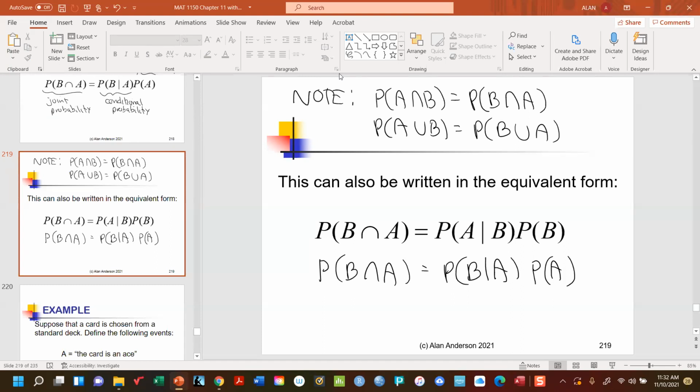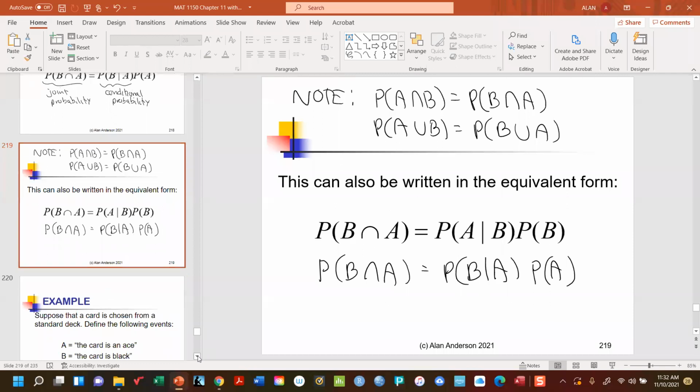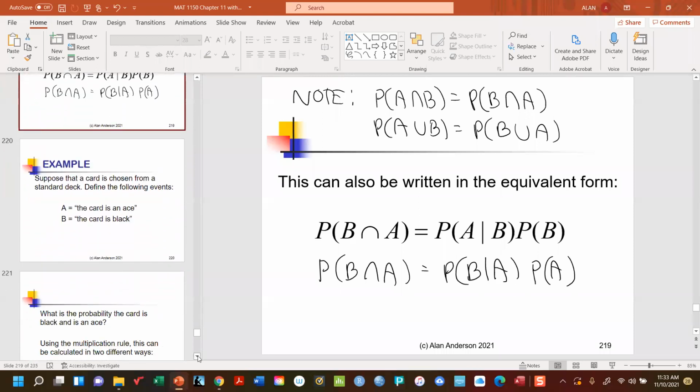All right, finally, we're ready for an example. Let's look at a case where we're choosing a card from a deck, and let's say that we define the following events.